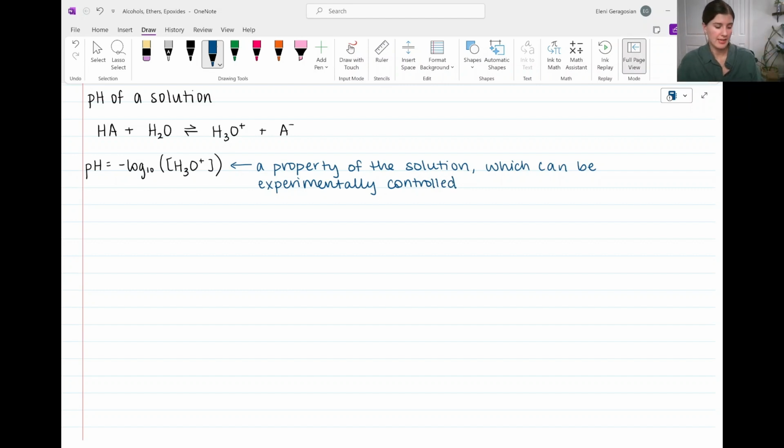This is a property that can be experimentally controlled.